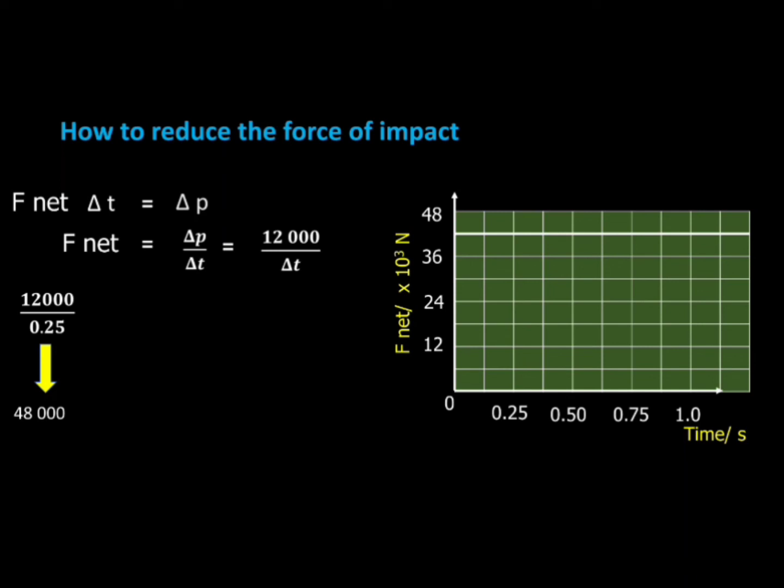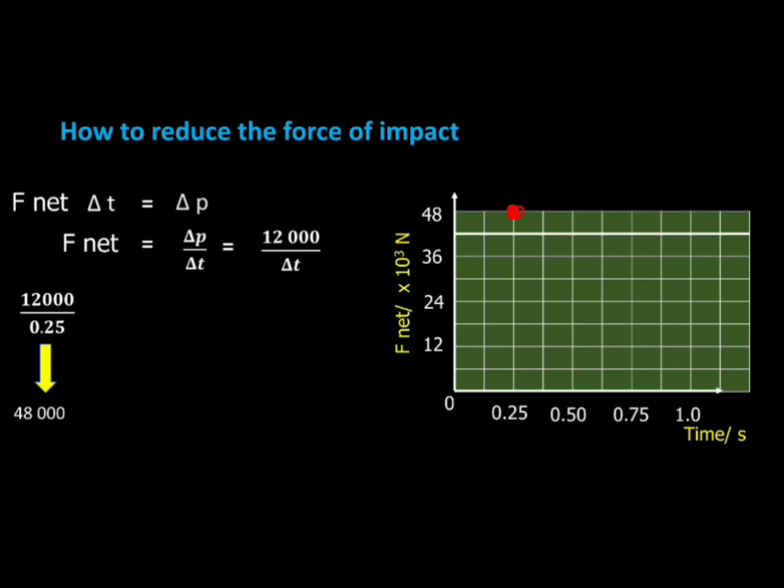So if I go to my graph, 0.25 and 48 is there. Just take note that on the y-axis, you can see that it says force in newtons times 10 to the power of 3, times 1,000. So it's 48,000 newtons. So there's my first point.